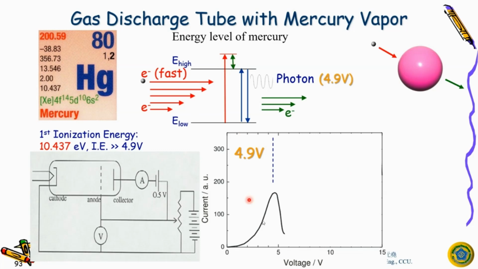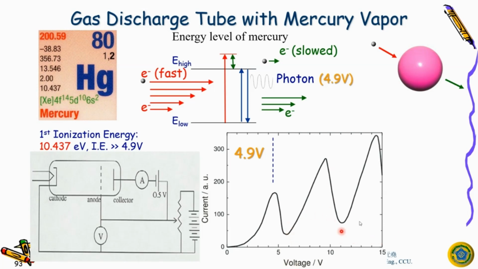We have slow electrons and the current increases, right? And the funny thing is, if we increase further, it will become like this. Now you understand this is 4.9 volt, and this is 4.9 volt. So what does this experiment tell you? There are more than 1 electron transitions, and the energy levels are quantized.